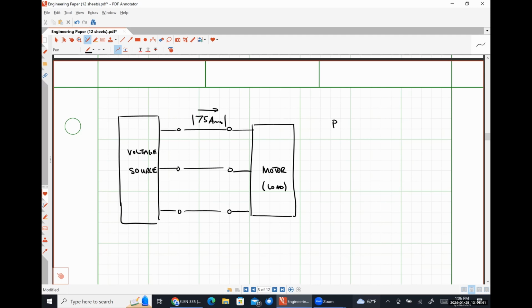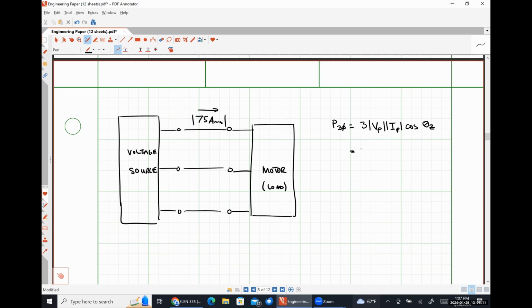Our average power in a three-phase system can be expressed as 3 times the magnitude of our phase voltage times the magnitude of our phase current times the cosine of the angle of our impedance, which literally just means the power factor.